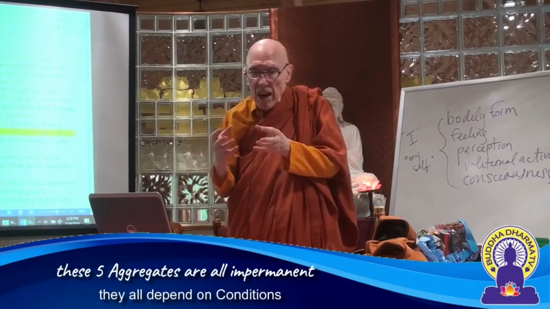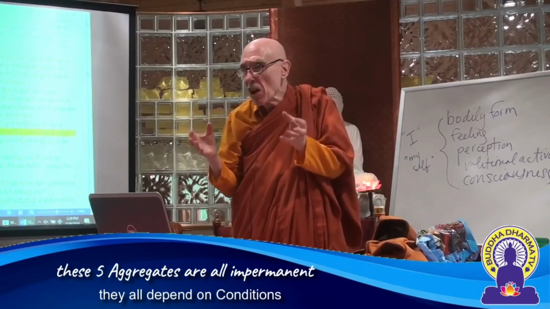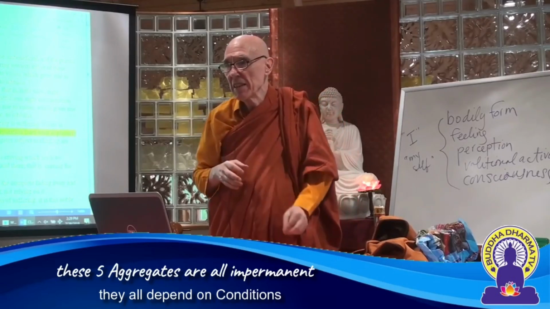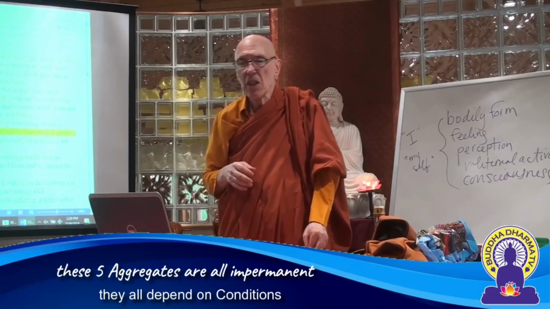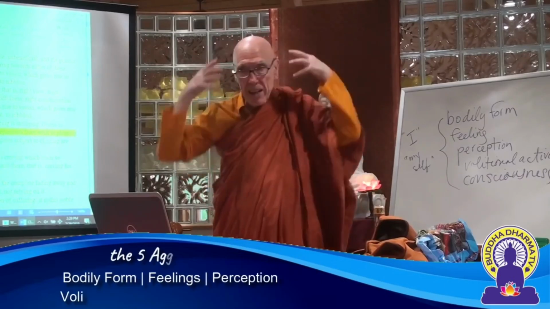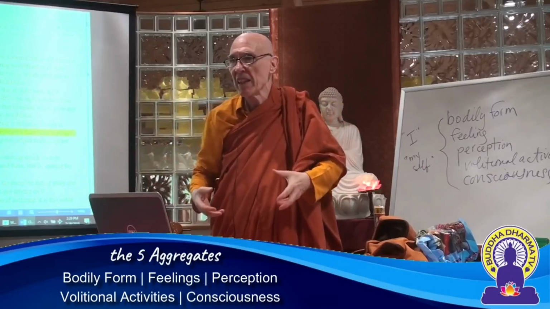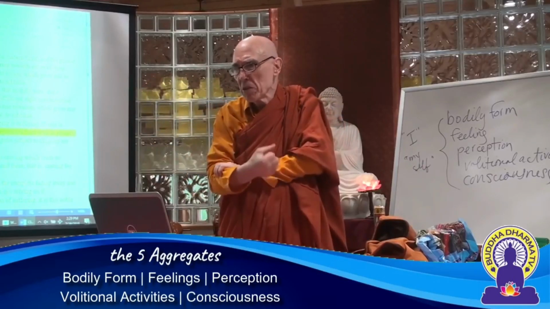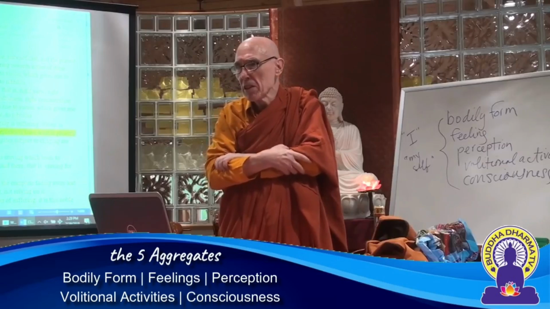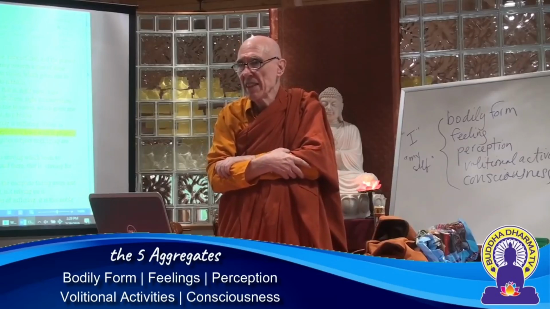But they arise through the functioning of conditions. And so what we have is the bodily form, what you can see of another person, and what you feel when you get a sense of your physical presence.